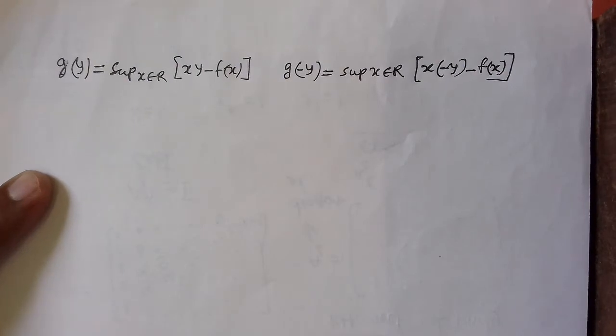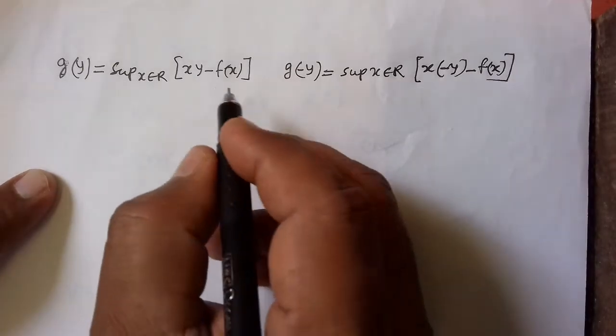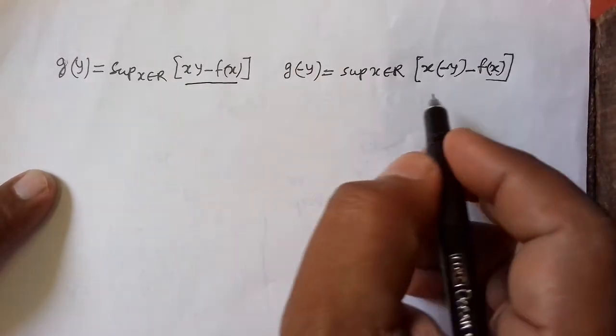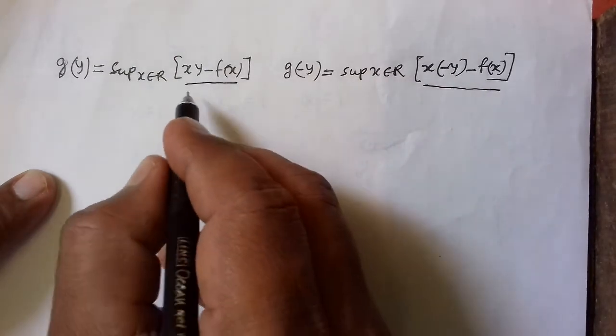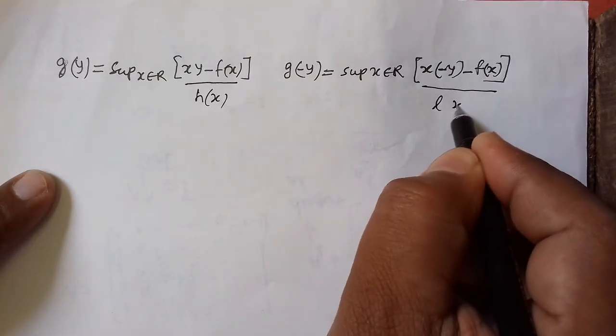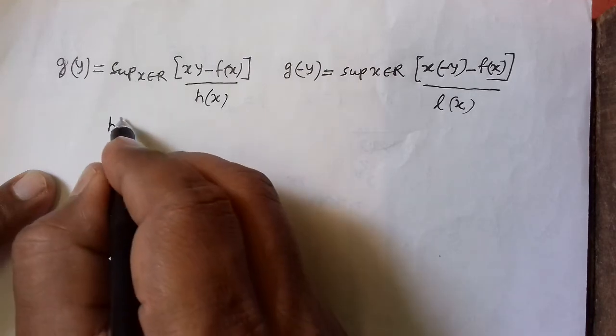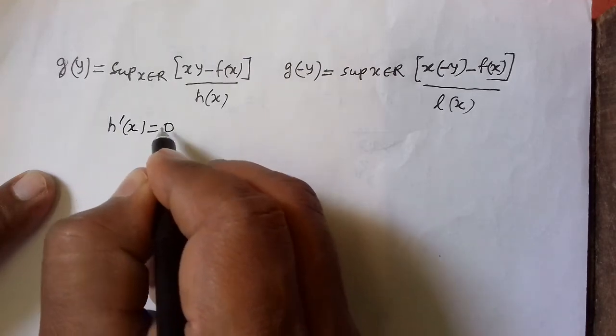Now the supremum value is also a maximum value, but not a local maximum. As it is a maximum value, the differentiation of this should be 0. So suppose this underlined thing is h(x) and this one is l(x). At the maximum value, h'(x) is 0.